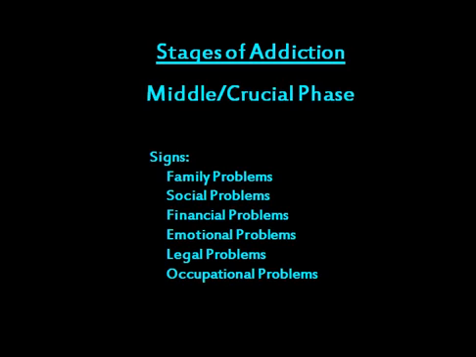With codependency, there's also the family problems, the social problems, being that the codependent has to screen all the calls to decide which invitations to accept, just to make sure that we don't choose to go somewhere where the addictive behavior is tolerated.